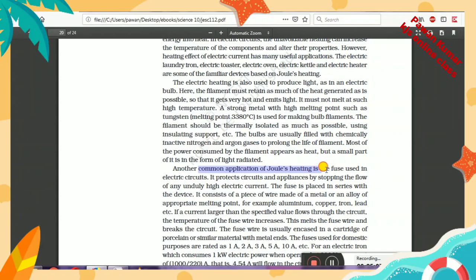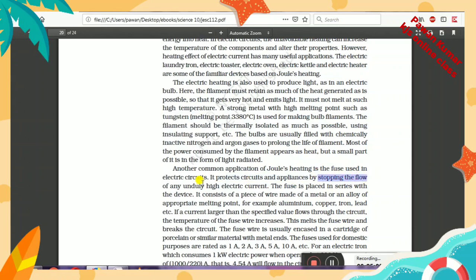Another application is also given. So what is that application? Fuse. Fuse means electric fuse, which you might have seen in your home. It protects the circuit. Circuit means this path where the electric current flows. So the work of fuse is to protect the electric circuit. And what will it do to protect the circuit?